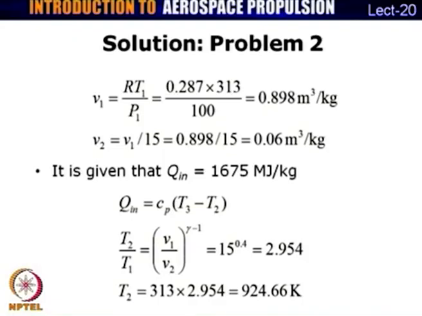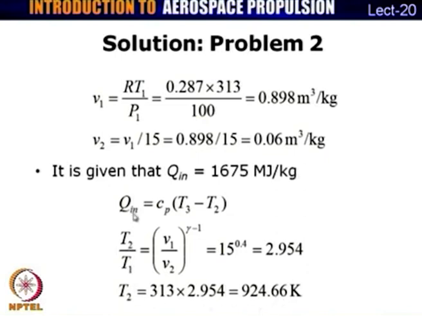So, T2 by T1 is equal to 15 raised to 0.4, that is 1.4 minus 1. So, the temperature ratio comes out to be 2.954. So, T2 is equal to T1 into 2.954, therefore 313 into this, and that is 924.66 Kelvin. So, the temperature at state 2 is 924.66 Kelvin.